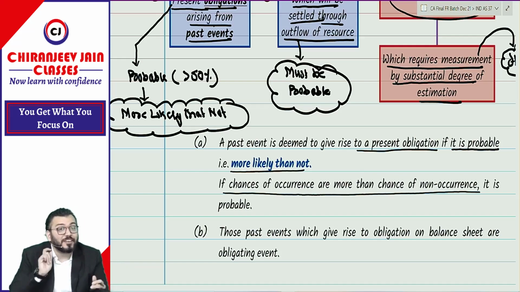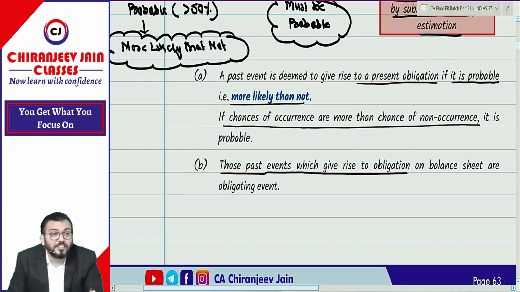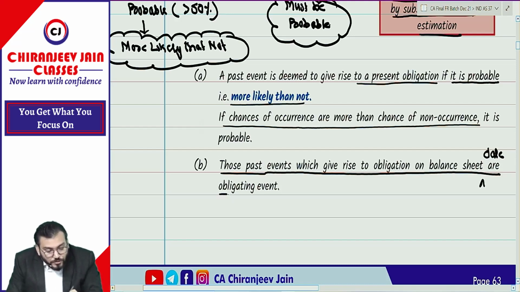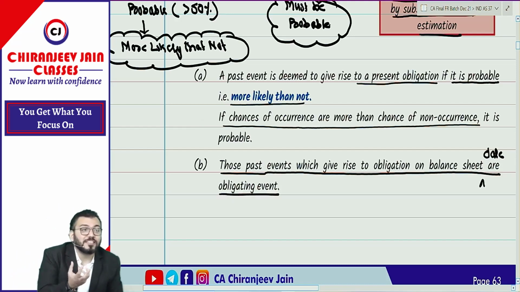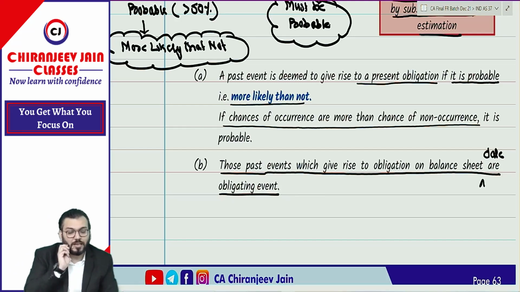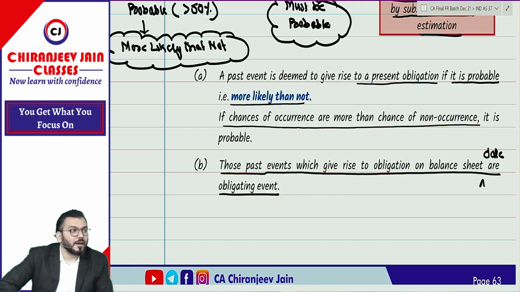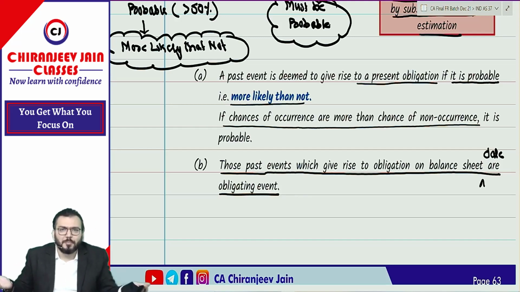Those past events which give rise to obligation on balance sheet date are known as obligating events. Understood? One thing is clear, that all past events will not give rise to obligation on reporting date, so that is not to be considered for this chapter.